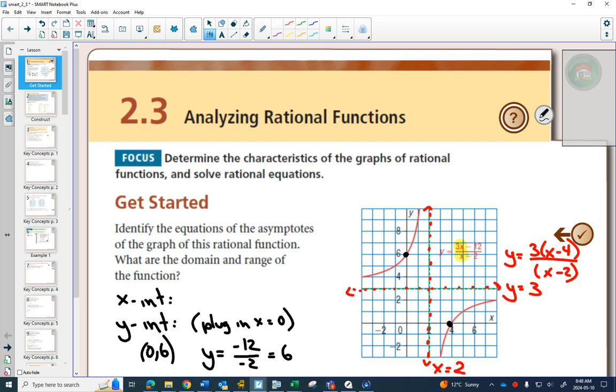An x-intercept, you plug in 0 for y. And if I do that, I get the following. Maybe I'll take the factored form.